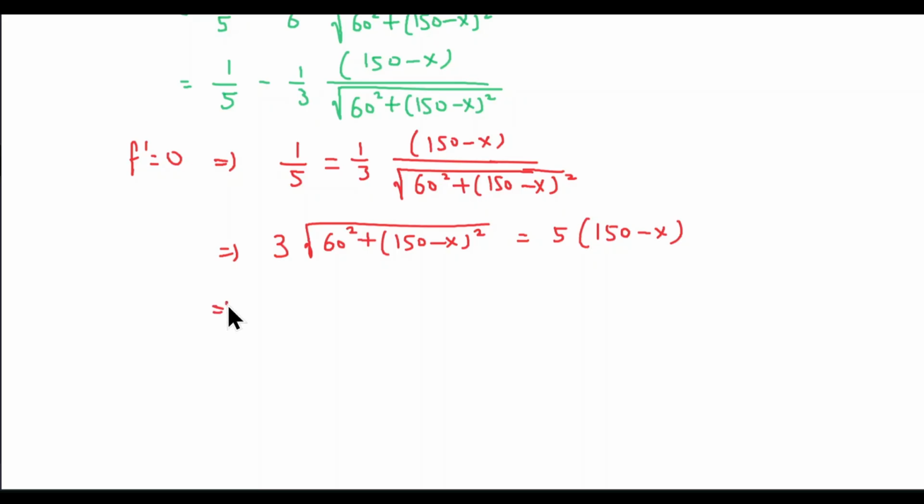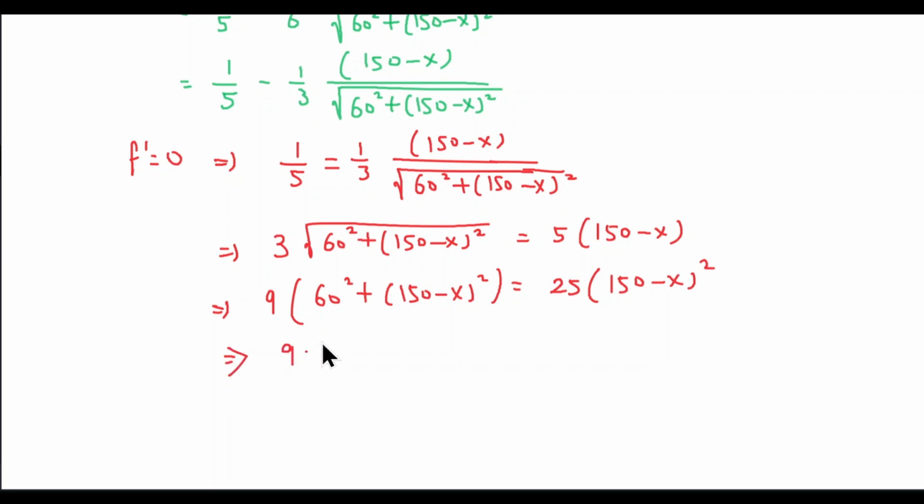We'll keep solving. This is no calc, so I'll square both sides. This is 9 times (60 squared plus (150 minus x) squared) is equal to 5 squared, which is 25, times (150 minus x) squared. If I distribute this, it will become 9 times 60 squared.